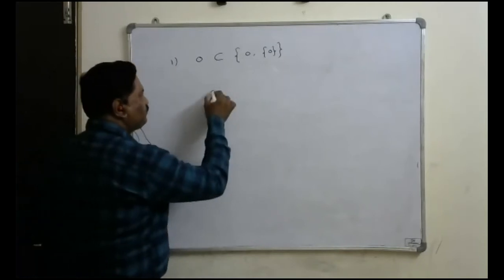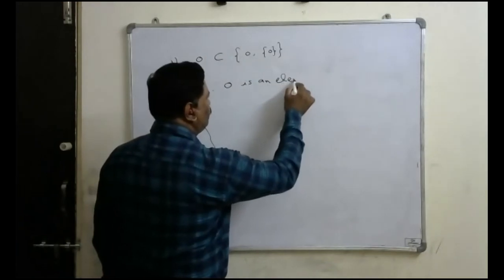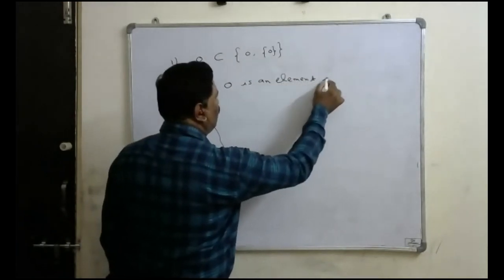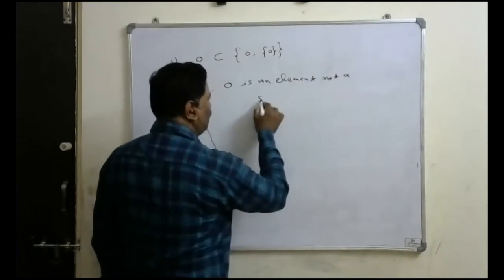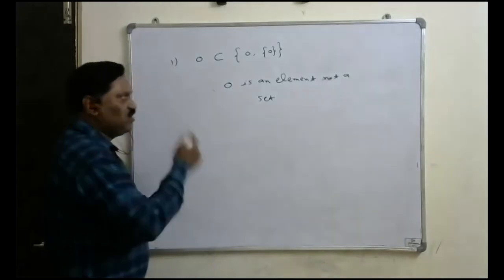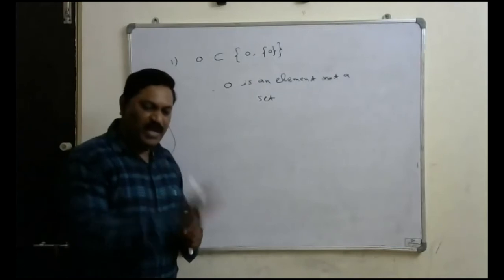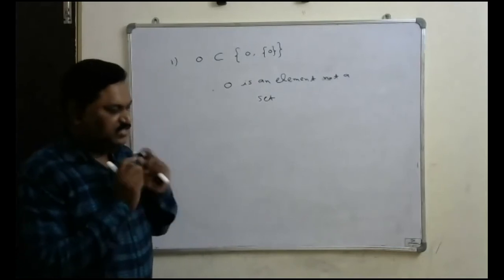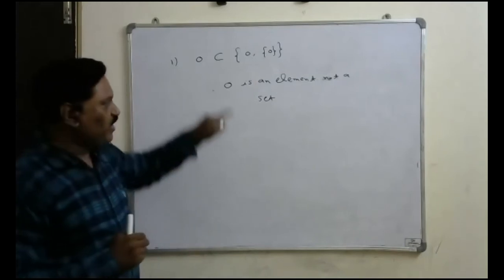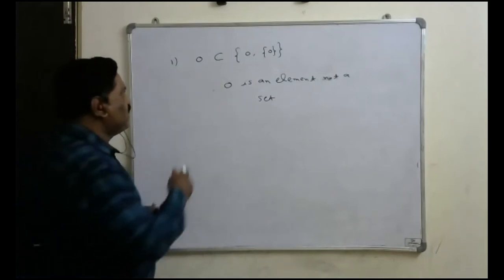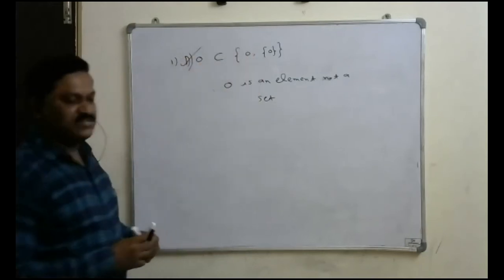Since 0 is an element, not a set, we can't call it a subset of that set. Subset is a relation between sets, not between elements and a set. That's why this option is correct, this is not true.